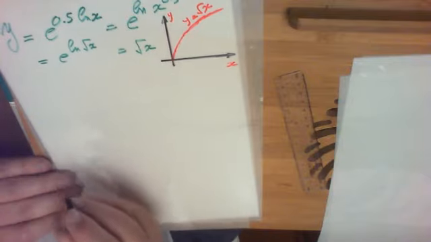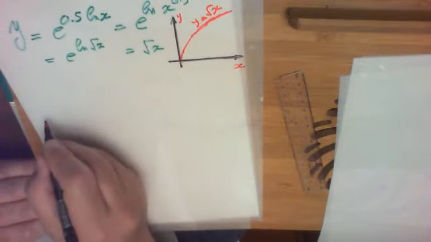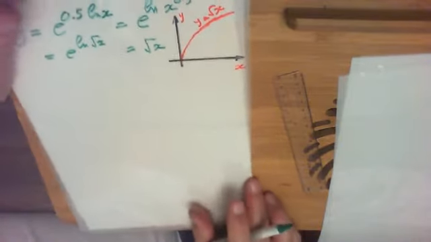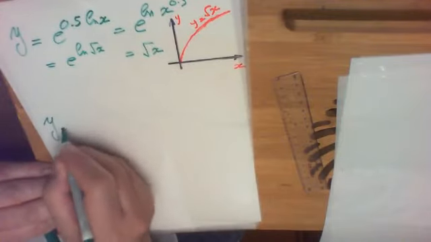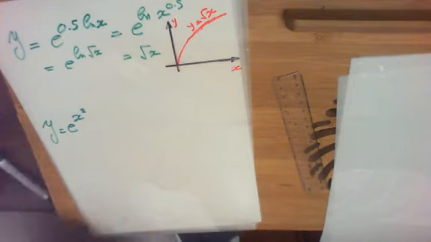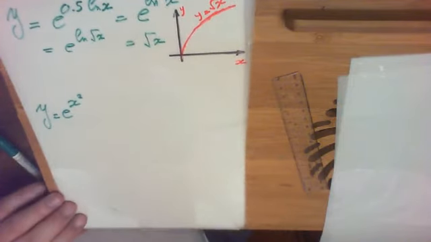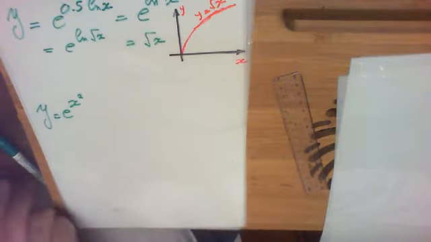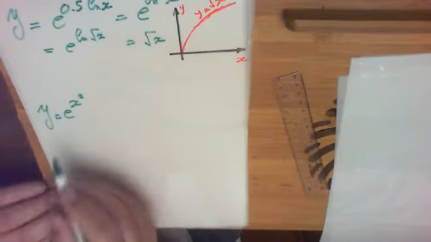Another problem: y equals e to x squared. Let us look carefully at the problem. E, so it is an exponential function. X squared means that if x is replaced by minus x, we have the same value.